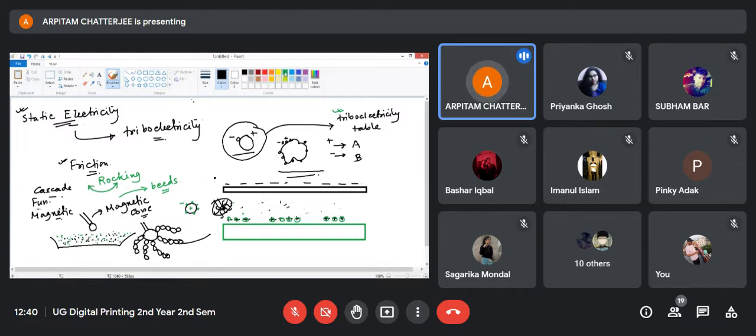And the toners are attached to this material due to triboelectricity. So actually here we have two fields: one is static electricity and the other is magnetic.